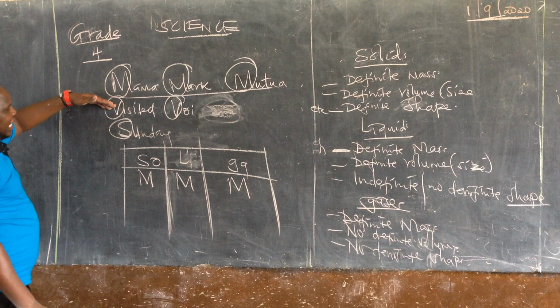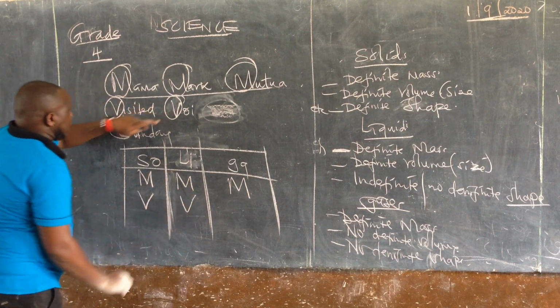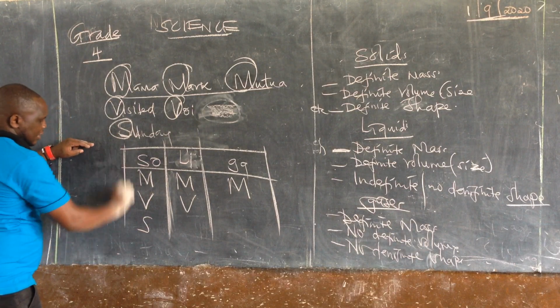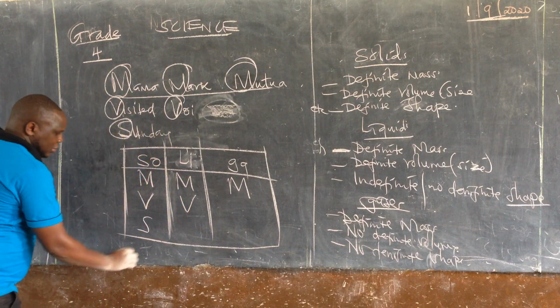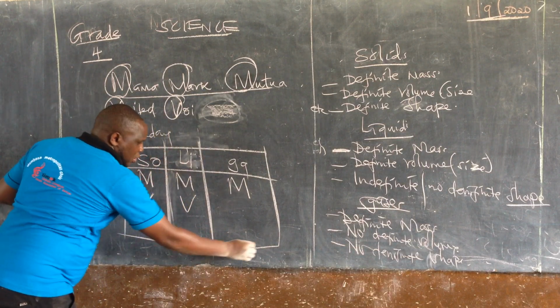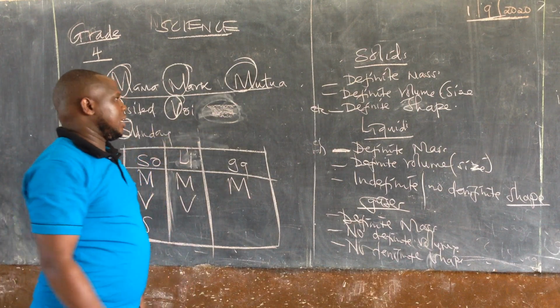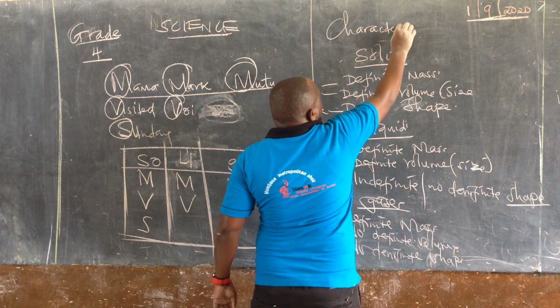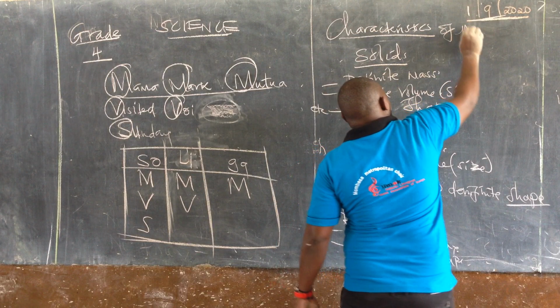In the second line, I have V, here I also have V, and in the last line, line 3, I have only S. I want to tell you what this means. Let's go back to our characteristics of matter.